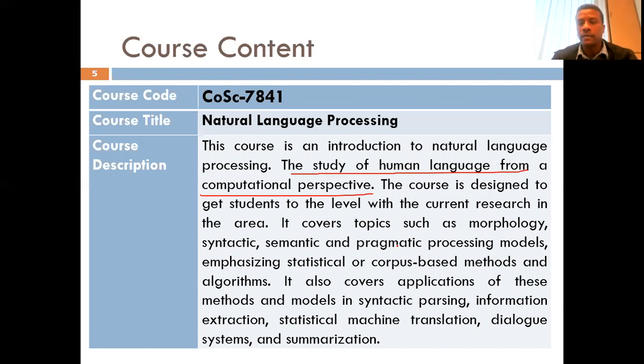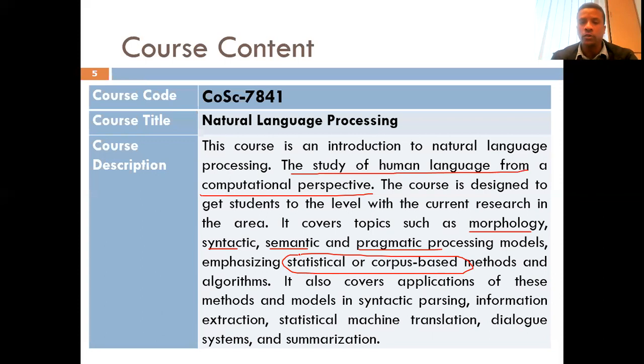But as we said, the most important topics to be discussed in the course will be about morphology, syntax, semantics, and pragmatic processing, and in all this we'll be dealing more with computational, statistical or corpus-based methods, which means rather than rule crafting, we would be interested in extracting knowledge from a huge collection of sample data using a machine learning approach.